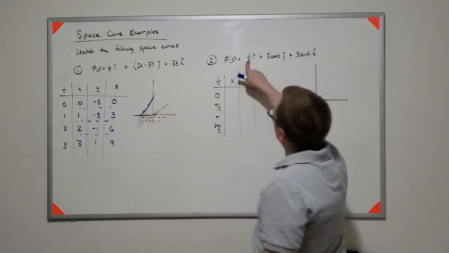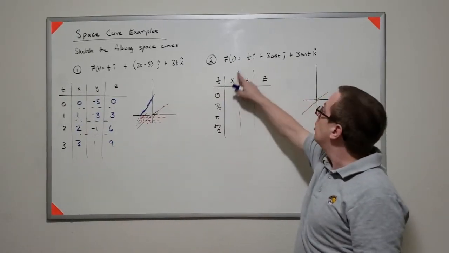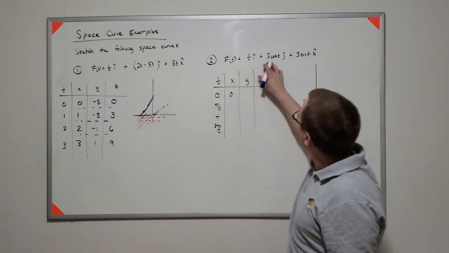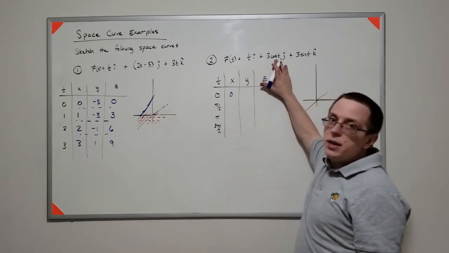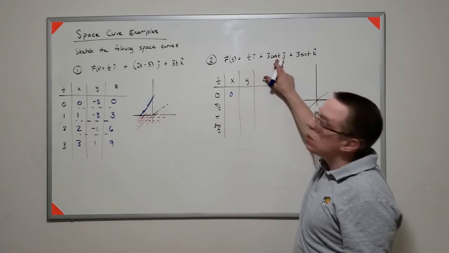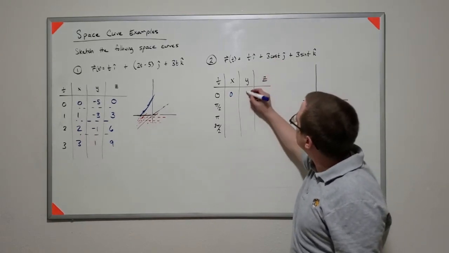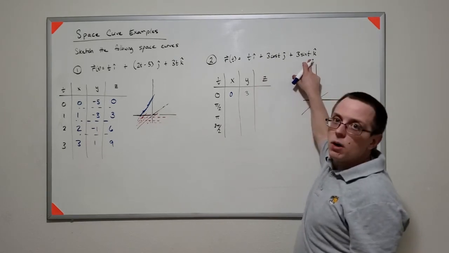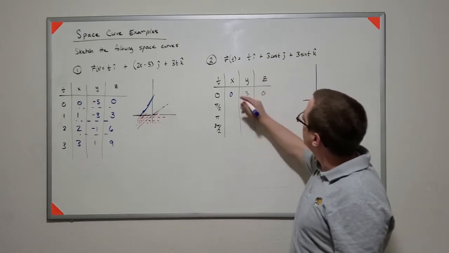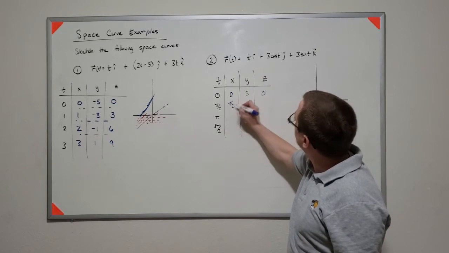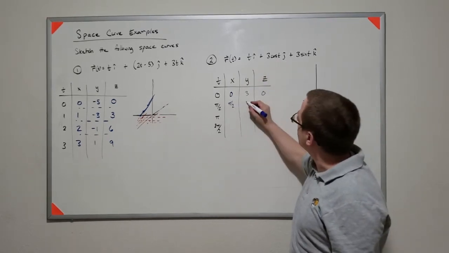Now, when t is 0, x is 0, and 3 times cosine of 0, so cosine of 0 is 1, so 3 times 1 is 3. Sine of 0 is 0. So then that's pi over 2. Cosine of pi over 2 is 0.